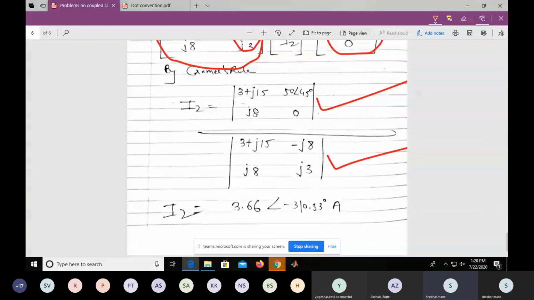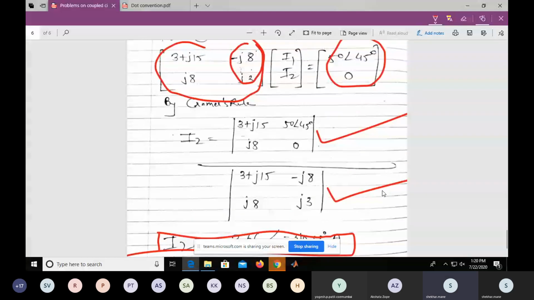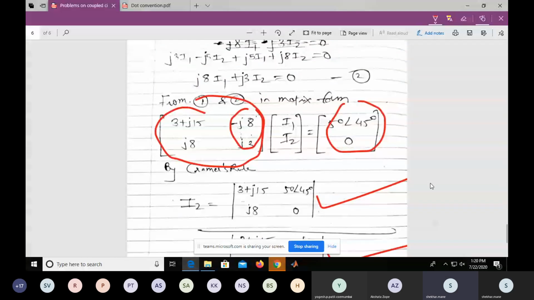Then after solving, you will get this answer. All of you have to verify this. I will share these notes with you, but I have verified this answer. The angle may change, but the magnitude should be the same.